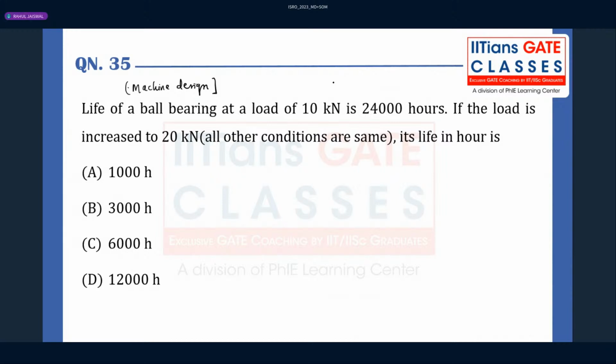Now in this ball bearing question, what is the main fundamental thing? Here we have to use load life equations.